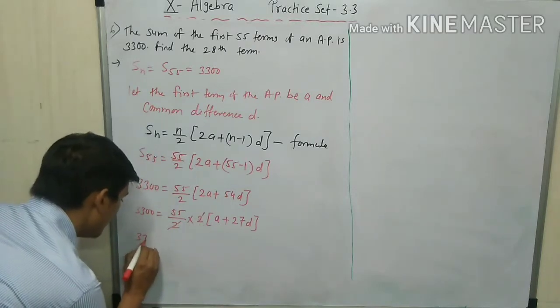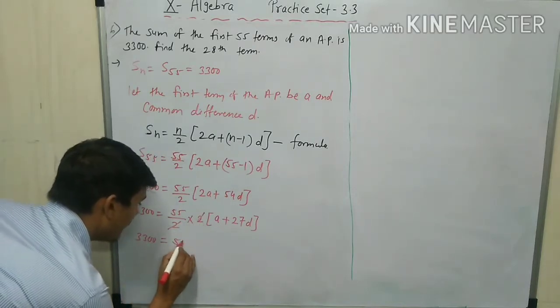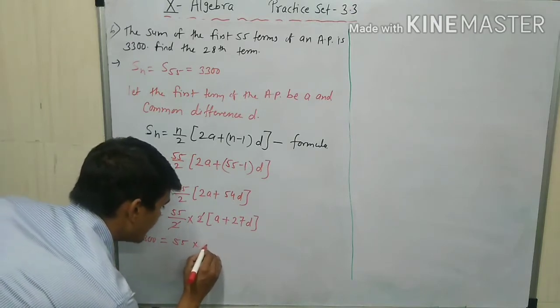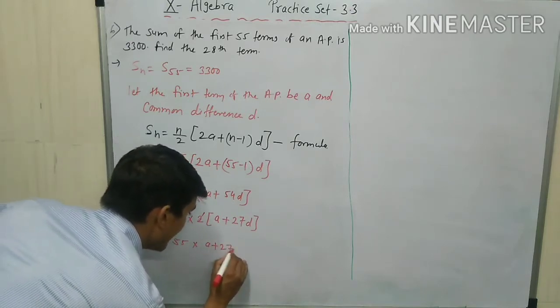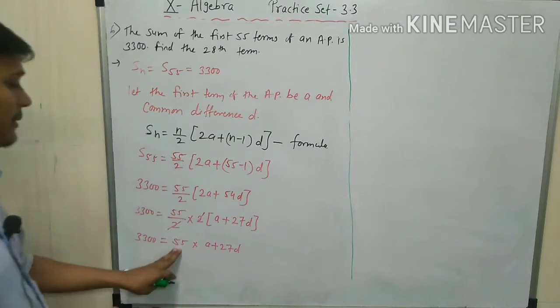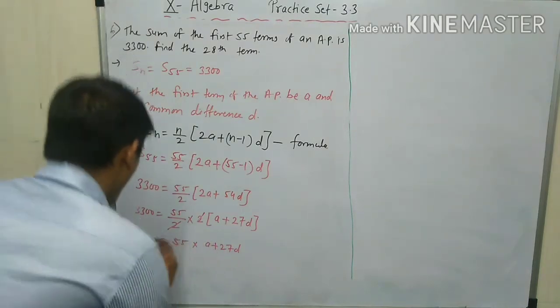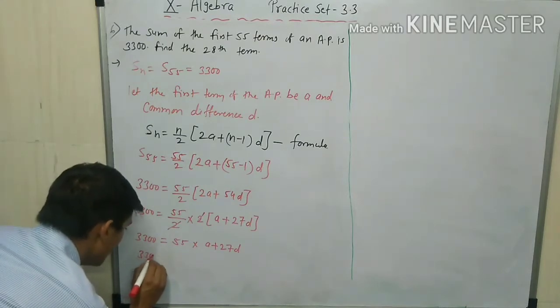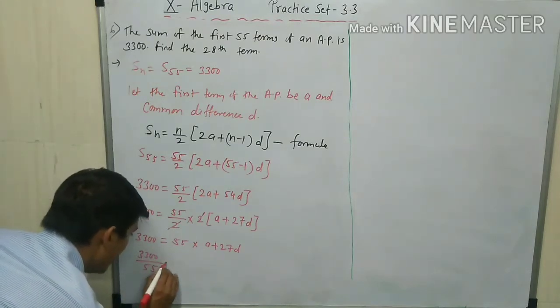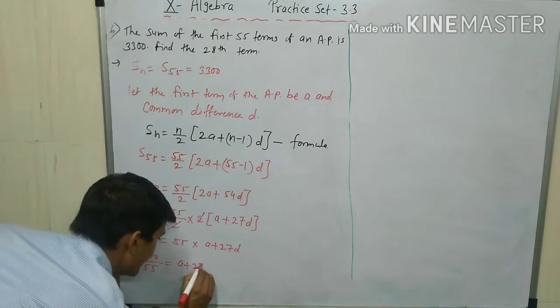Now 3300 is equal to 55 multiplied by (a plus 27d). Now we can divide here. We can write 3300 upon 55 is equal to a plus 27d.